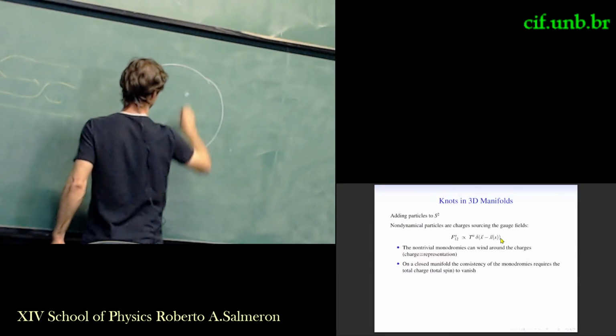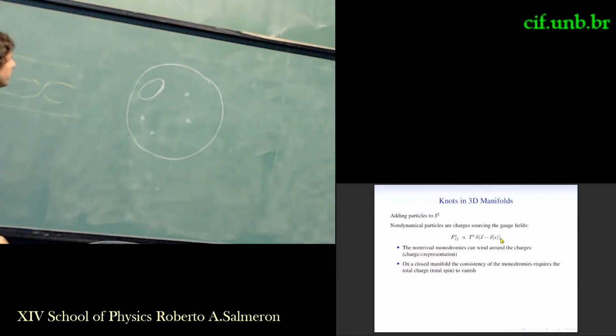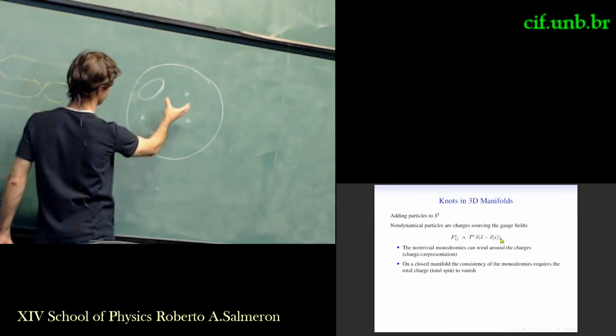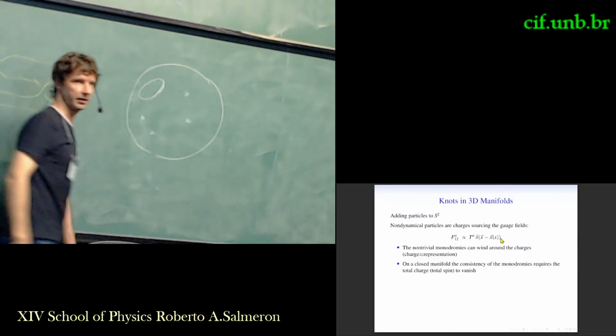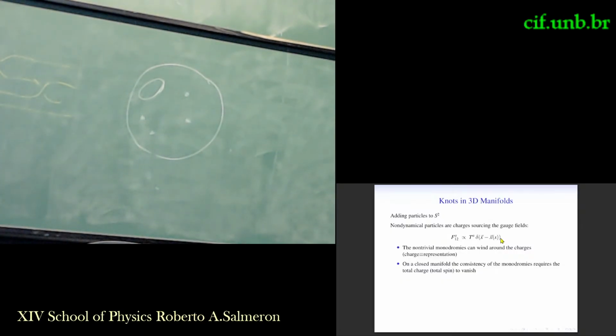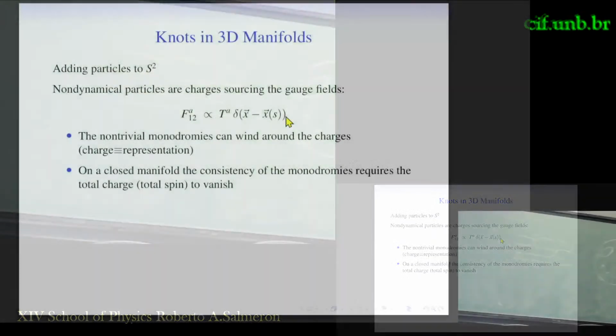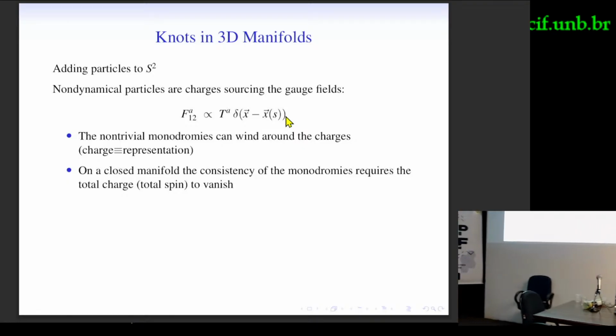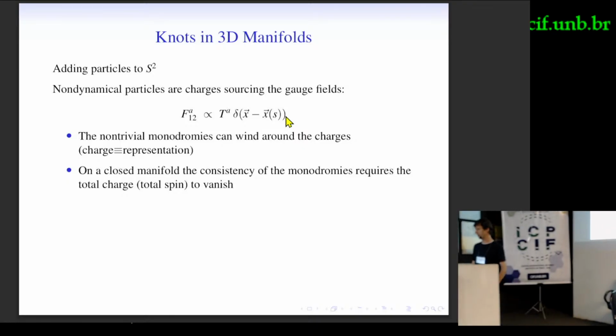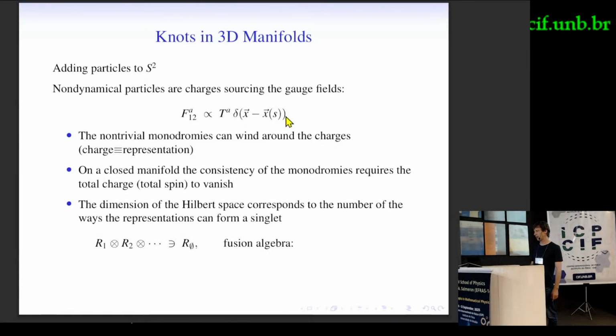But this should be equal to the monodromy. You can also think of this circle as enclosing all the charges together. So there should be this consistency condition. The result of computing this monodromy should be the same, which means that the sum of all charges should be 0. This would be the abelian statement, or in the non-abelian statement, the tensor product of all representations should be trivial, so it should be a singlet. So you have this additional constraint.